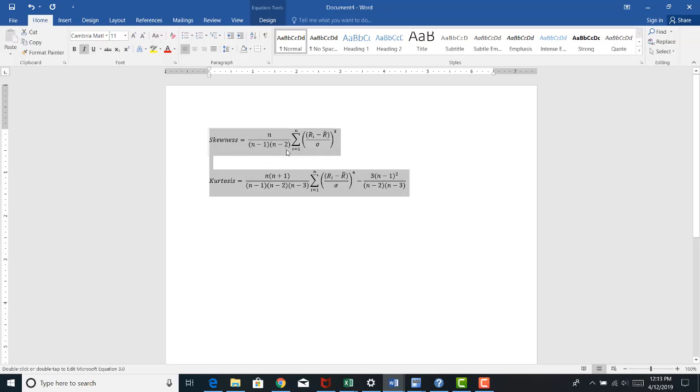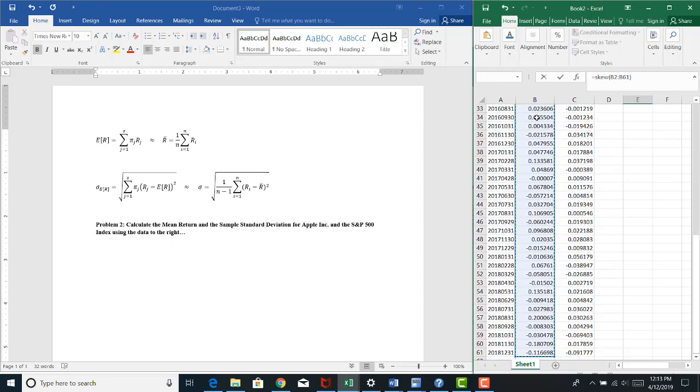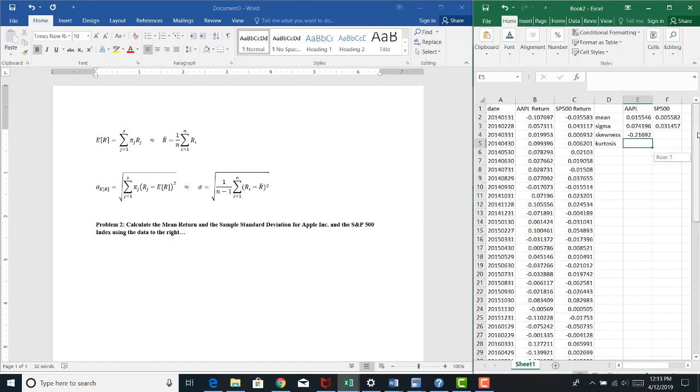Calculating these by hand isn't pleasant, so we're going to use Excel to do this. These are the formulas that Excel will use to calculate these things. If I say equals skew and highlight the time series of returns, I get a skewness on Apple of negative 0.2169. That's not in percent, that's just a skewness of negative 0.2169.